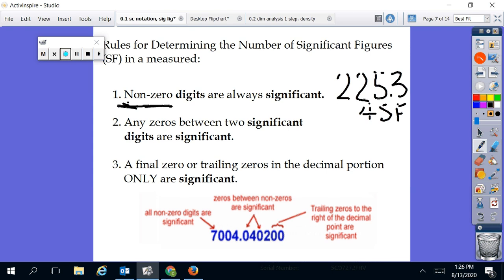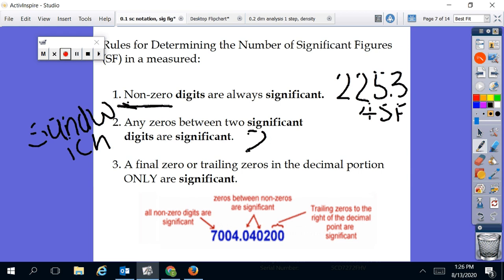Rule number 2, any zeros between 2 significant digits are significant. I call this the sandwich rule. If you have a 0 between 2 significant digits, it's significant. Well, we already know non-zero is significant.